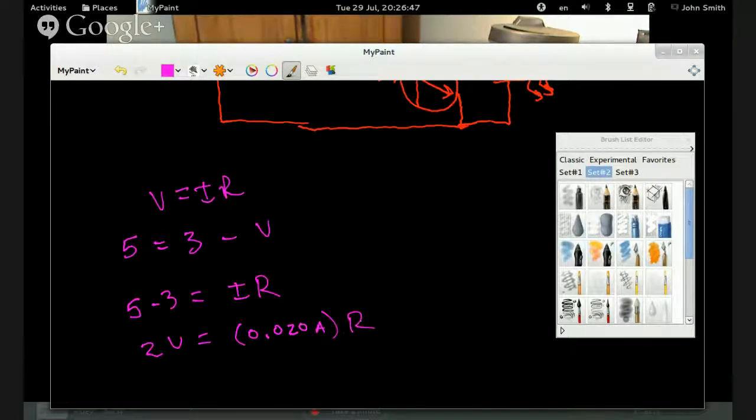R. We need to find our resistance. Pretty simple. Solve for R. It's not working. 0.020, cancel those out. And R should be 100 ohms.